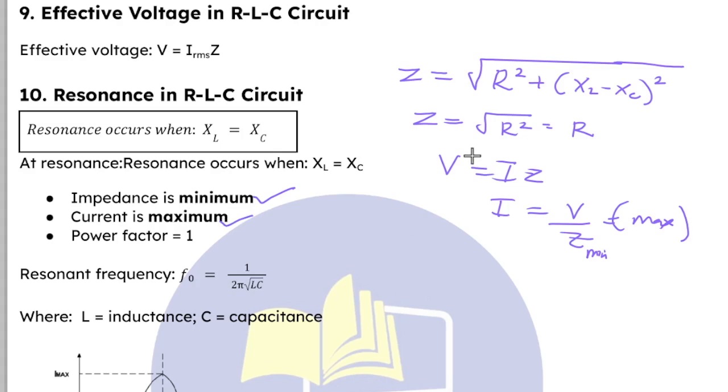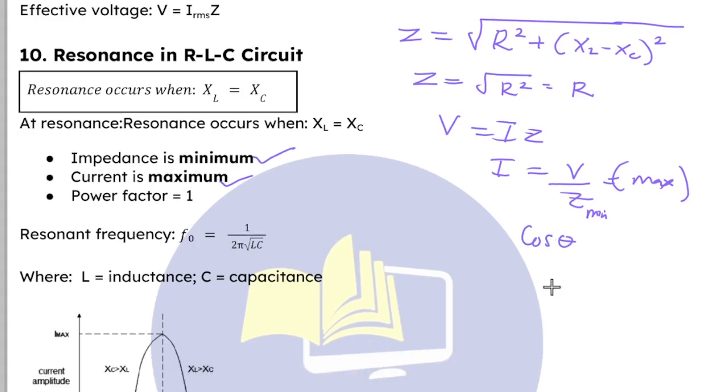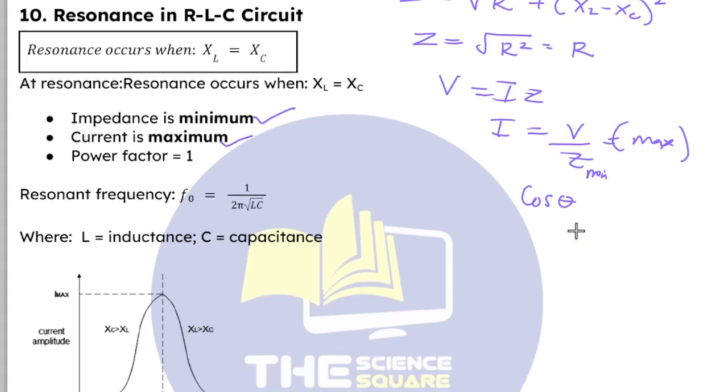Remember that we also say that the power factor is cos theta or cos phi, where theta or phi is the phase angle. And to recall, tan phi or tan theta, depending on what you are using, is equal to (XL minus XC) over R. So in a situation where XL and XC are equal, this numerator is going to be 0.